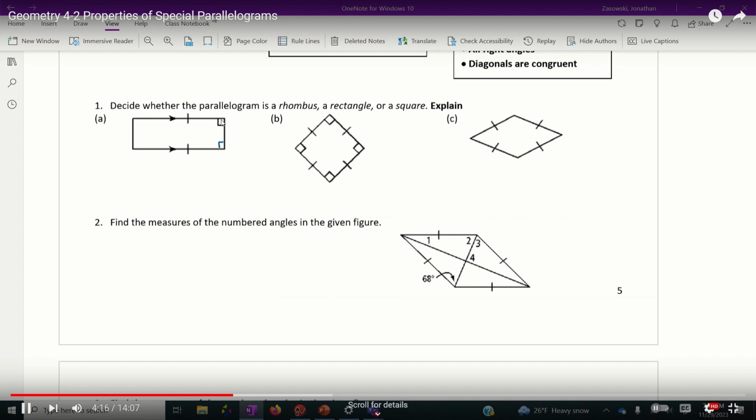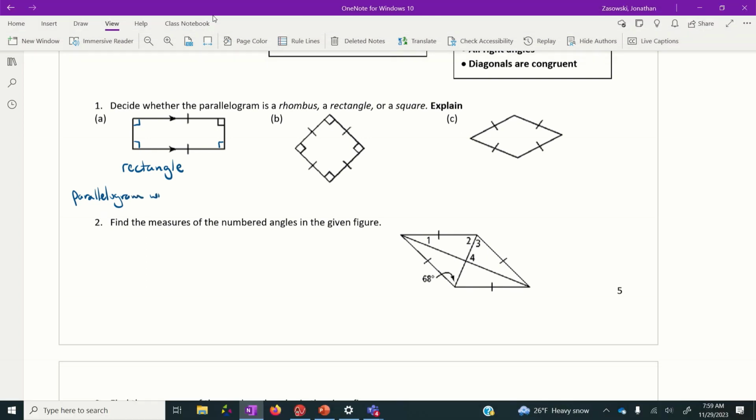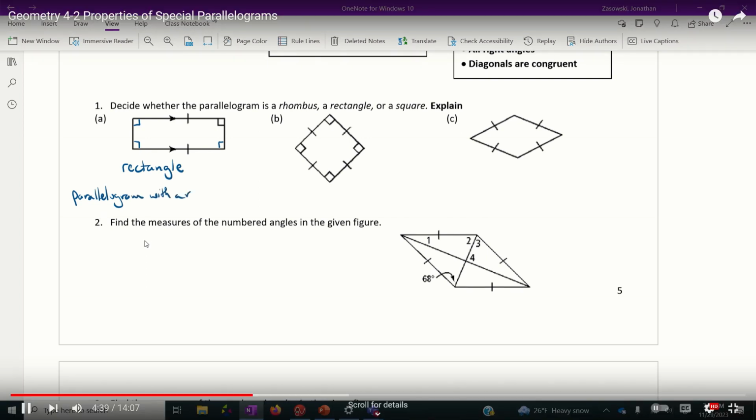If this angle is 90 degrees, the angle next door to it has to be supplementary, so that makes this 90, and the opposite angles are equal, so we get all 90-degree angles. Since one pair of sides is congruent and parallel, it's a parallelogram, and because it has a right angle, that makes it a rectangle, because it's a parallelogram with a right angle.